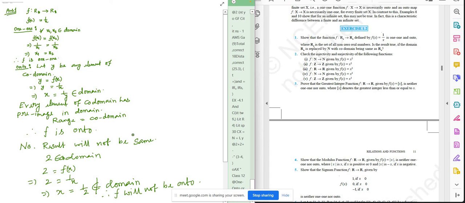Even whether it is 1-1 or not, if you want to check, is it 1-1? If you replace R star by N, and codomain you keep R star only, is it 1-1 onto?